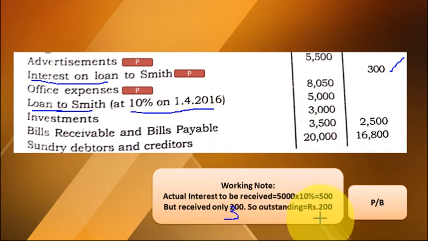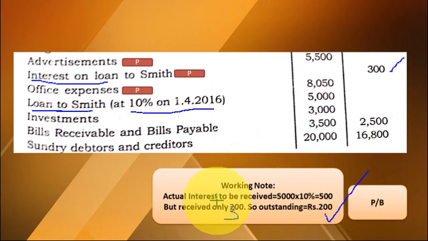So outstanding, how much? 200. See, this is income outstanding, right? When there is income outstanding, this 200 should be written in the profit and loss account as well as the balance sheet as outstanding income.